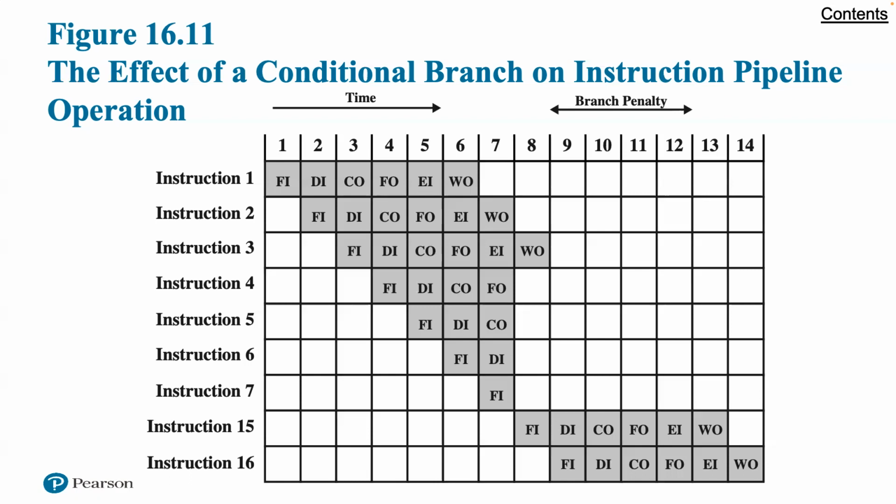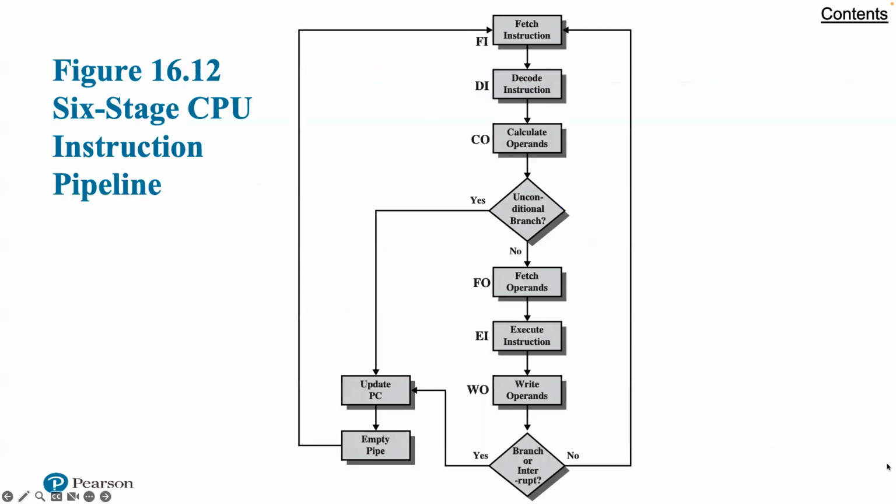During time unit 8, instruction 15 enters the pipeline. No instruction completes during the time units 9 through 12. This is a performance penalty because we could not anticipate the branch. So this is the kind of delay that would start to happen that we need to think about.